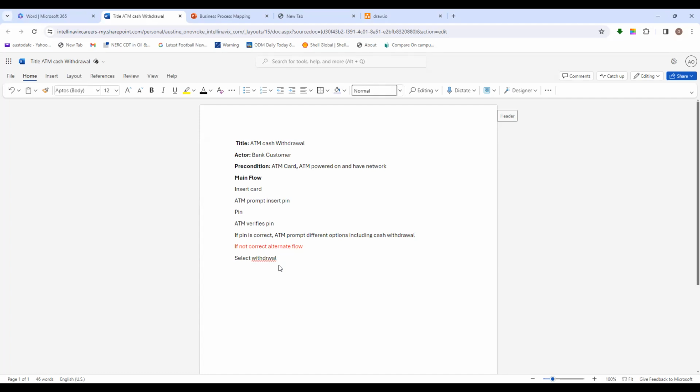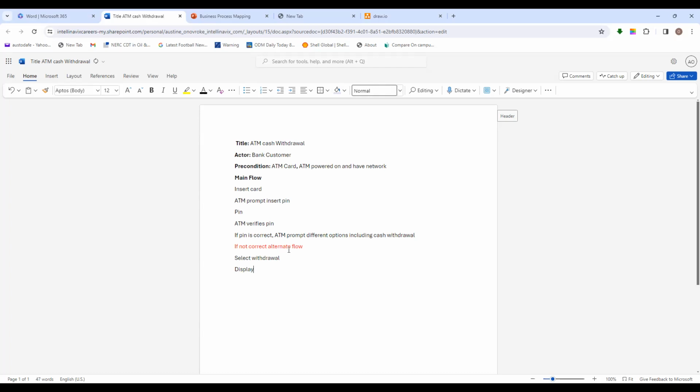So you need to select withdrawal. True or false? True. I'm sure we're using ATM now. So after you select withdrawal, what happens next? Enter amount.